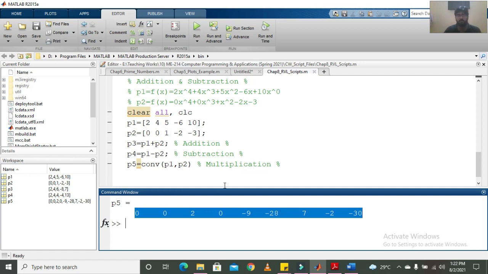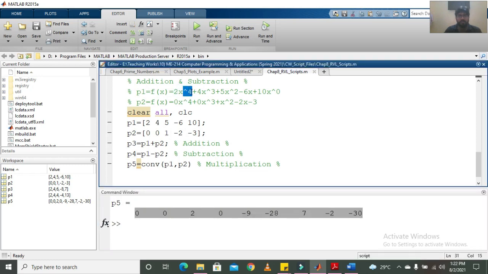Here you can see that in this polynomial the highest power was basically 4, and in this polynomial the highest power was basically 2. So after multiplication, the degree of the resulting polynomial will be equal to the highest power of polynomial 1 plus the highest power of polynomial 2.